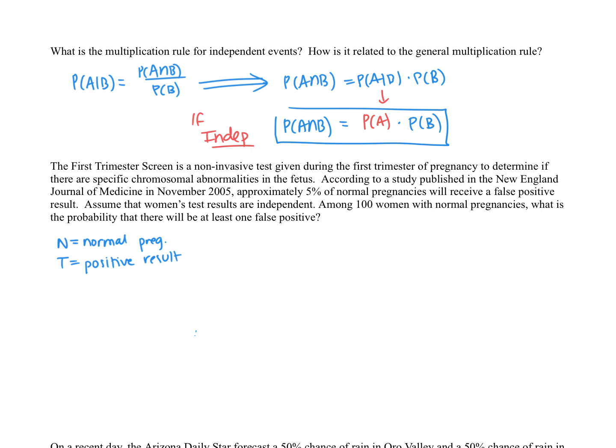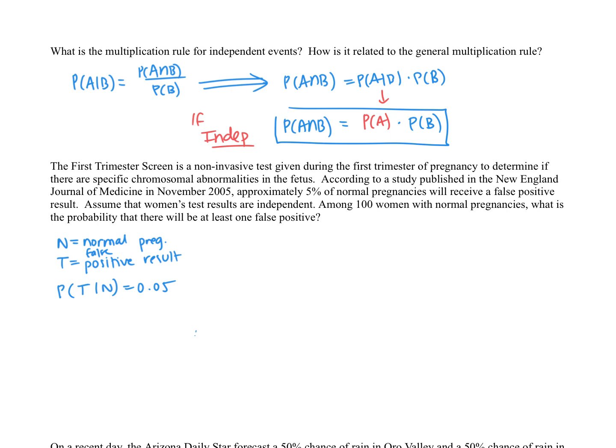It says approximately 5% of normal pregnancies, so that is, given the pregnancy is normal, the probability of getting a false positive is 0.05. So I'm going to call that T actually a false positive. The notation isn't super important.